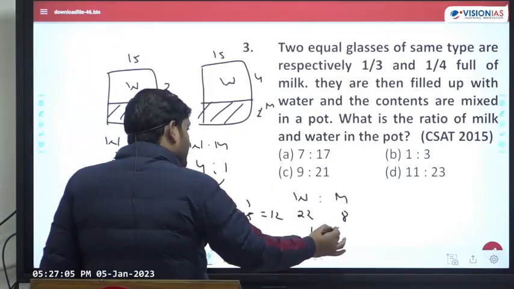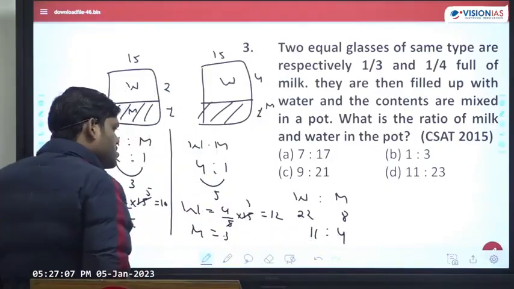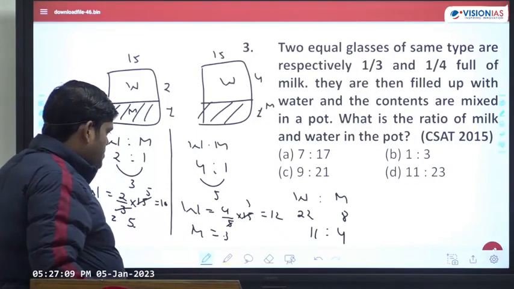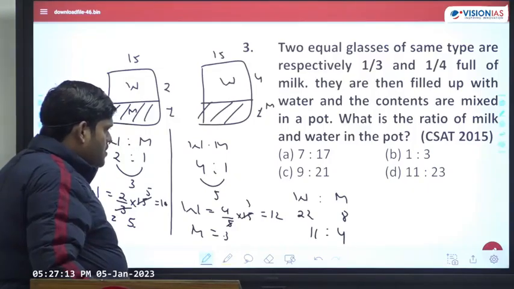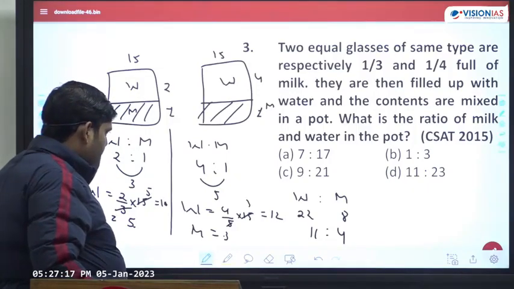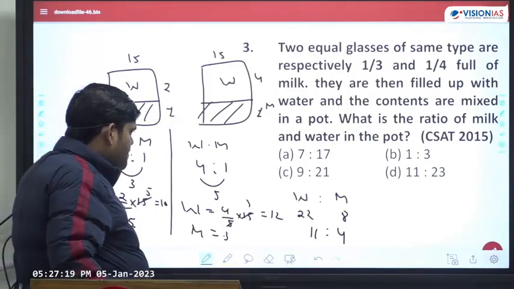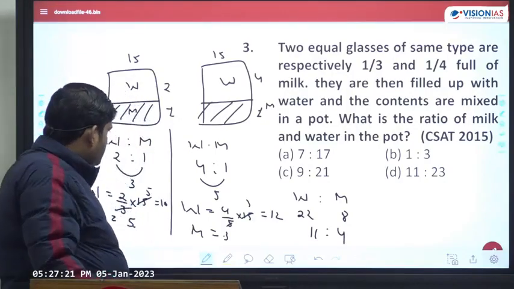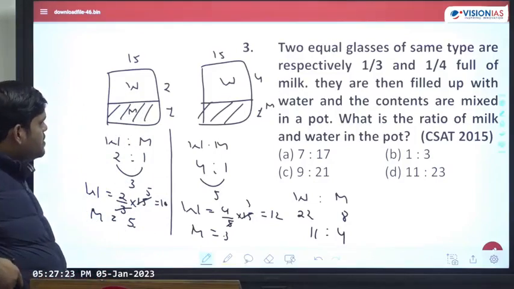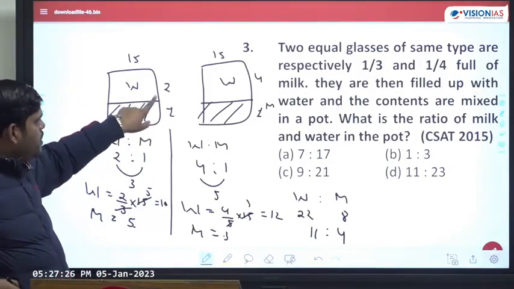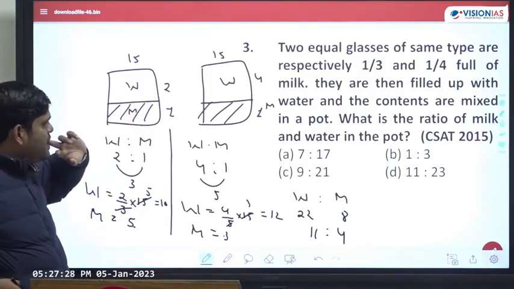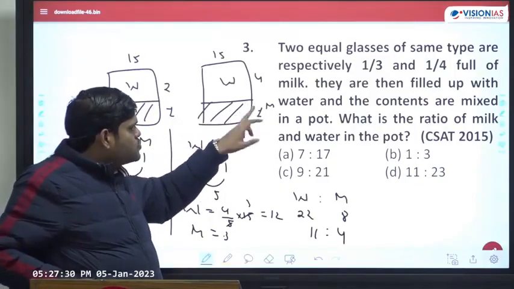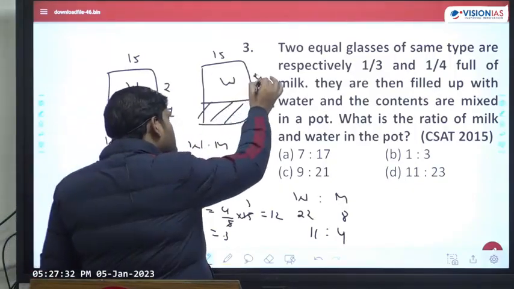This will be 11:4. Something is wrong somewhere. 1/3 gives 2:1, but 1/4 will give 1:3.